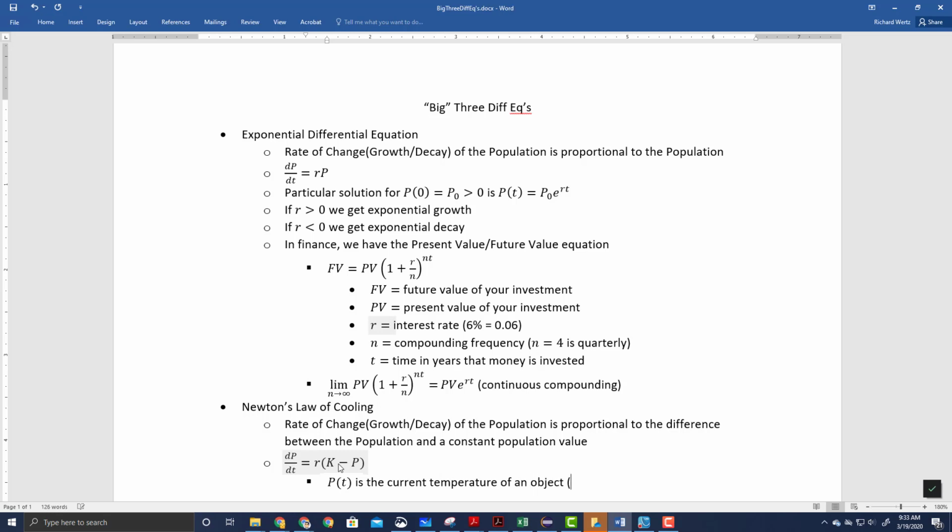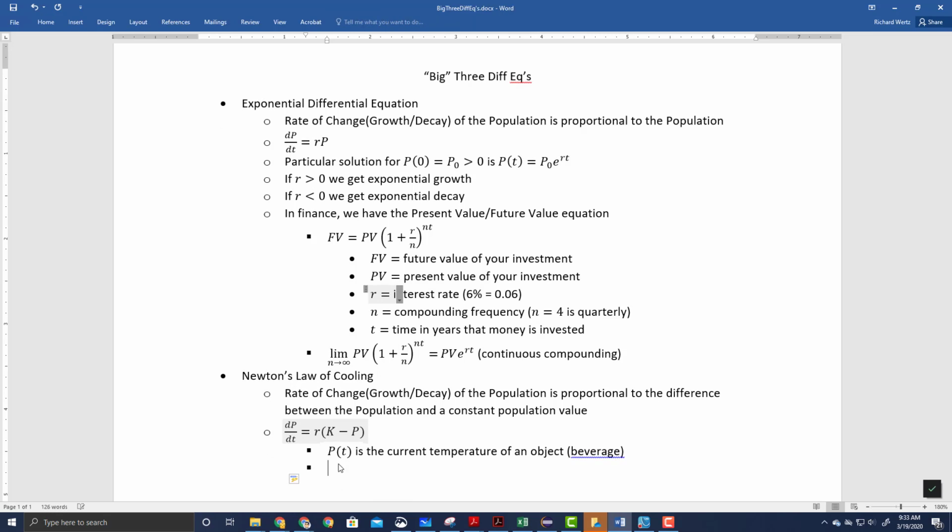We'll call it a beverage. And K is the ambient temperature. I'm just going to call it room temperature.